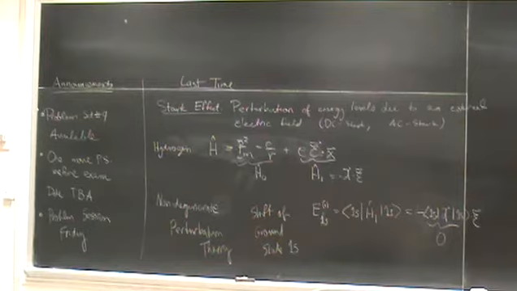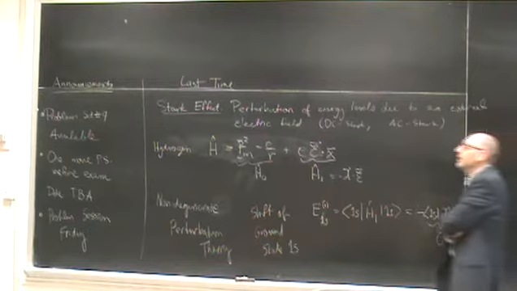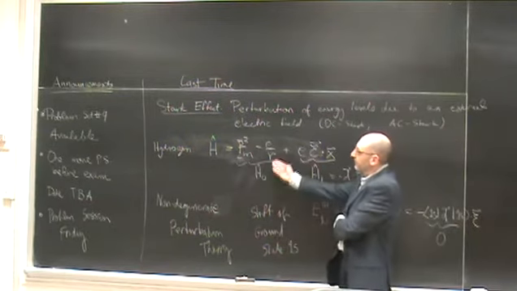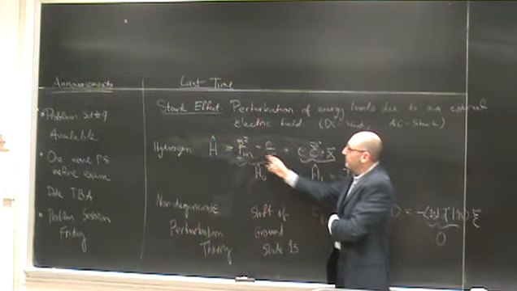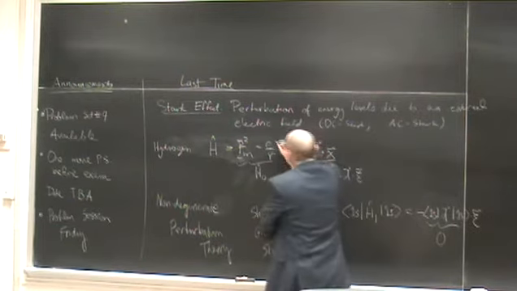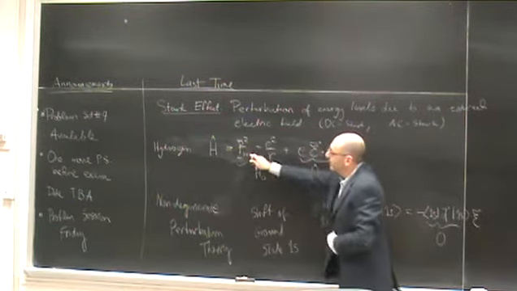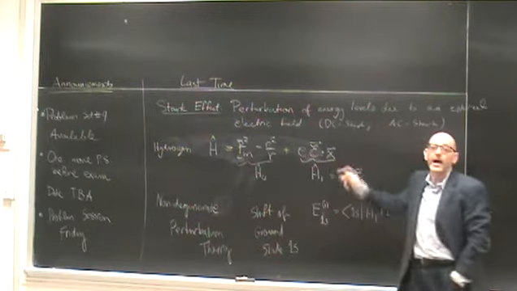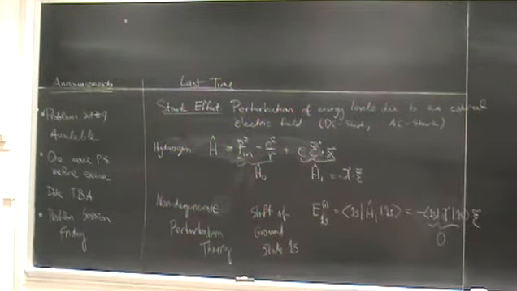And so the Hamiltonian has this form. This is the binding energy of the electron to the proton, and then the interaction with the external electric field. Okay?